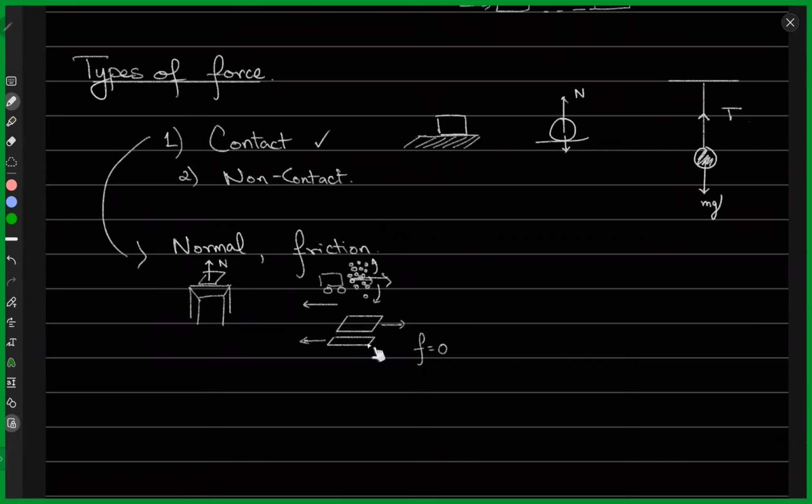Now, it comes from the fact that no surface is entirely smooth all across its body. So for example, if I were to look at this closely, I'll see that the top surface might have some irregularities, and so would the bottom surface.